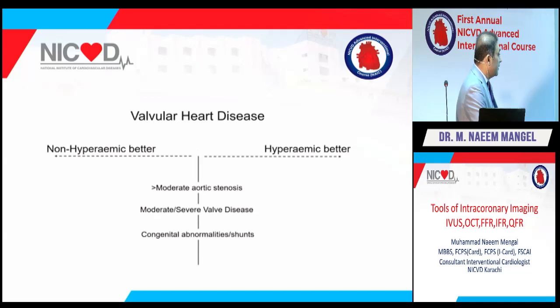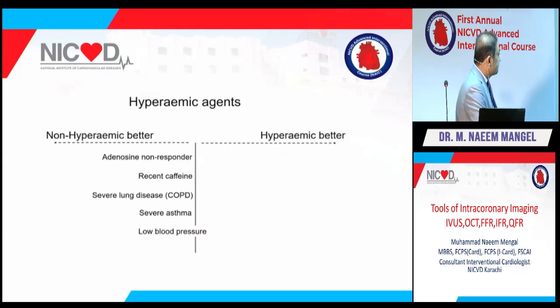For valvular heart lesions, you can use any of the modalities. With the hyperemic approach, sometimes patients have problems with their lungs, so these are the patients in whom we often think twice before using adenosine: those with low blood pressure, asthmatic patients, COPD patients. In these patients you can use iFR.